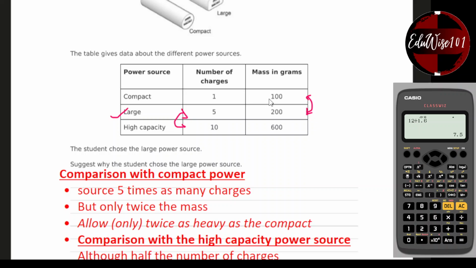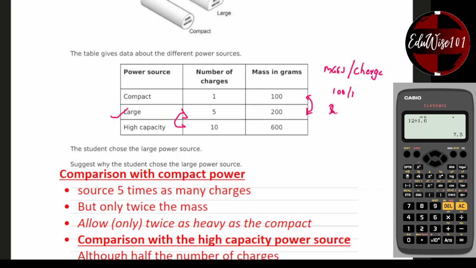So 100 grams per charge. Let's write this down: mass compared to the charge, so the ratio is 100 to 1.